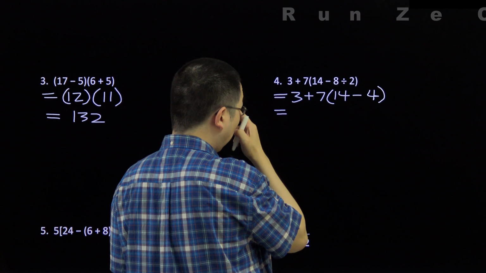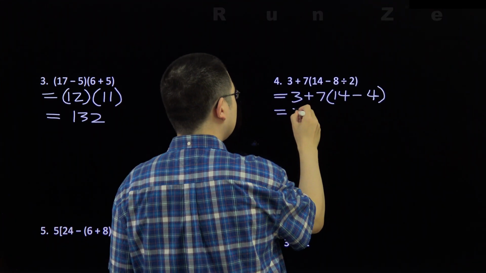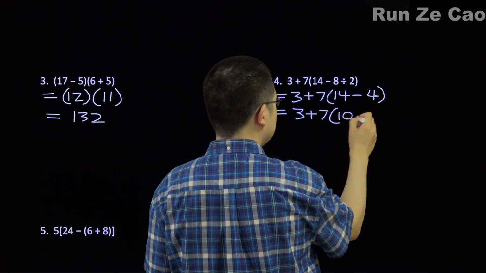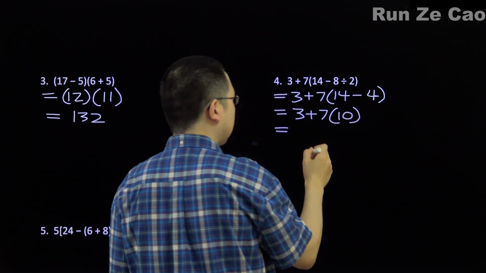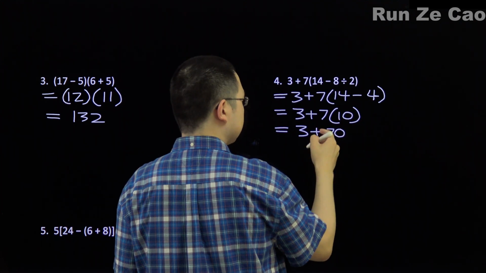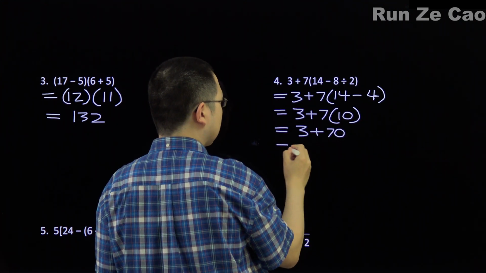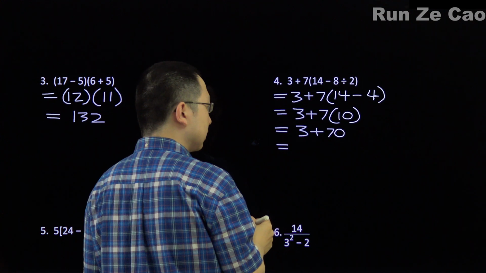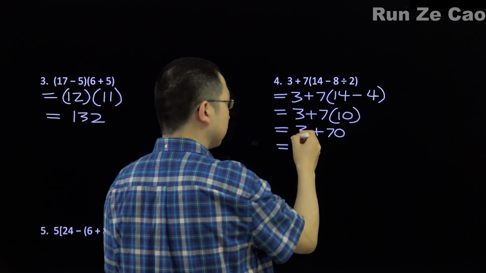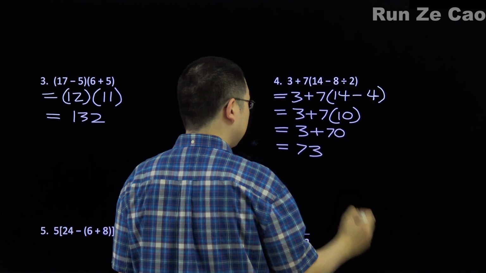So that's 3 plus 7 times 10. So 3 plus 70. Yeah, this is the sort of thing you get if you're particularly demonstrating the order of operations. Otherwise, this would just go to 73 straight out.